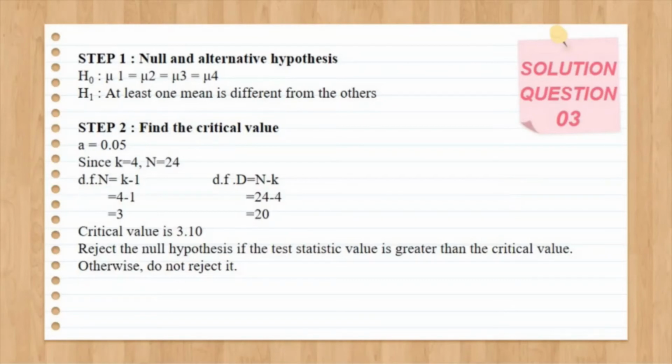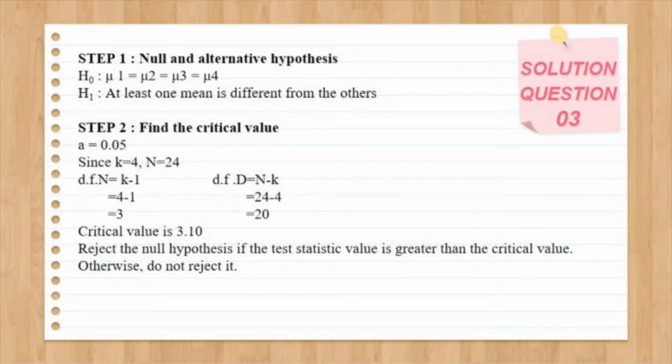Step 2. Find the critical value. The level of significance is given from the question, which is 0.05. And then we find the critical value. Since k equals 4 and n equals 24, the degrees of freedom in the numerator is k minus 1, which is 4 minus 1 equals 3, while the degrees of freedom in the denominator is n minus k, which is 24 minus 4 equals 20.